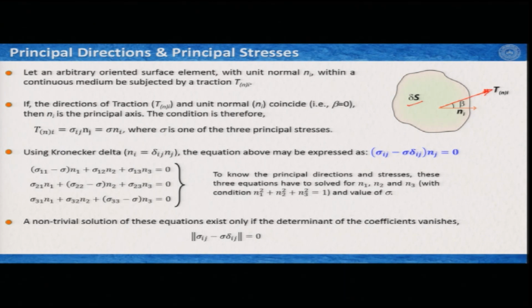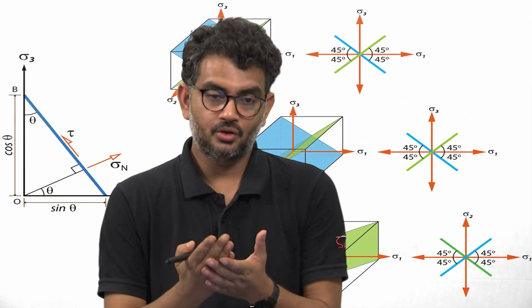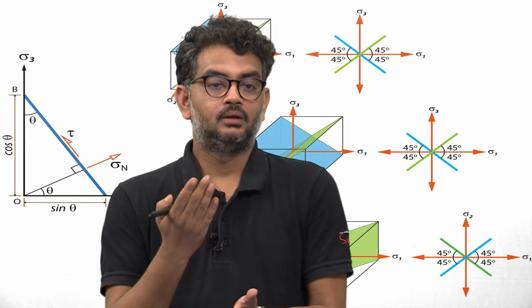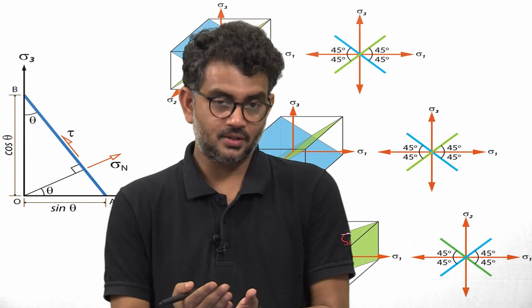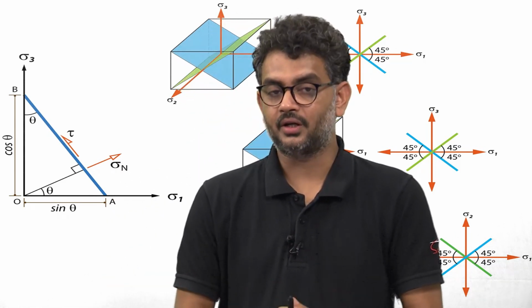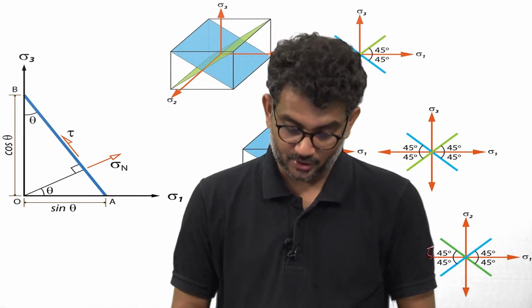Now, clearly if this beta angle is 0, then along the Ni direction you do not have any shear stress. So, therefore, it automatically gives you the direction of principal stresses, and if you can calculate the magnitude, then these are the magnitudes of the principal stresses.